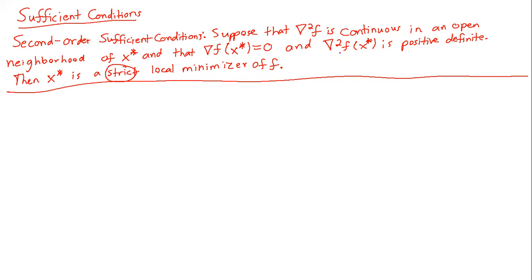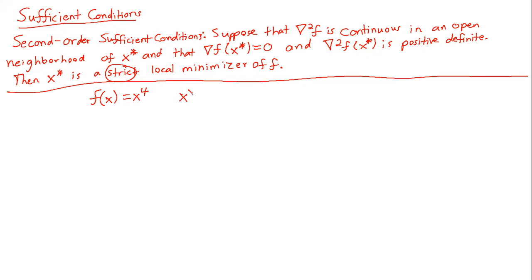Over here it says if you actually go as far as to say del squared f of x star is positive definite, then you know it's a strict local minimizer. But if you only know that this is positive semi-definite, that's not what this says. It doesn't then say it's a strict local minimizer. It doesn't go that direction. So you can actually have points x star where, for example, f of x is x to the 4th.